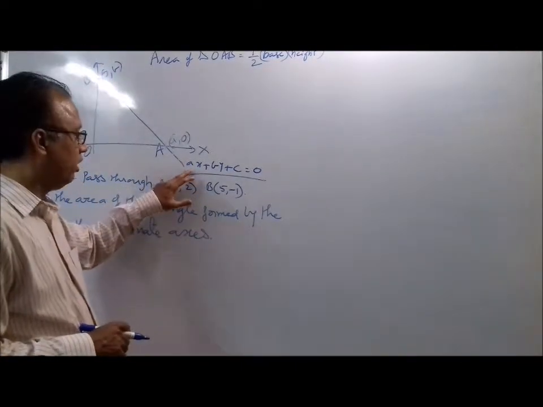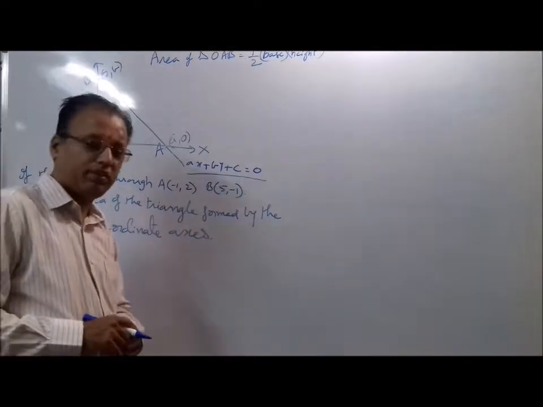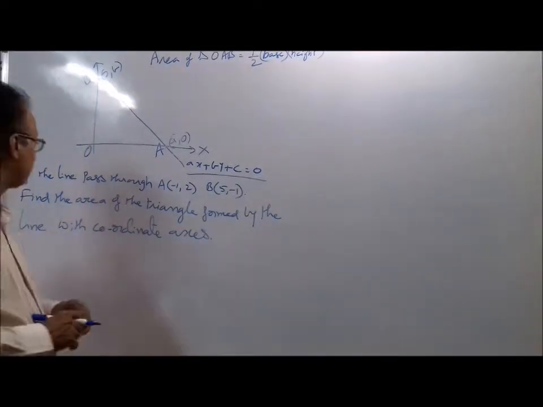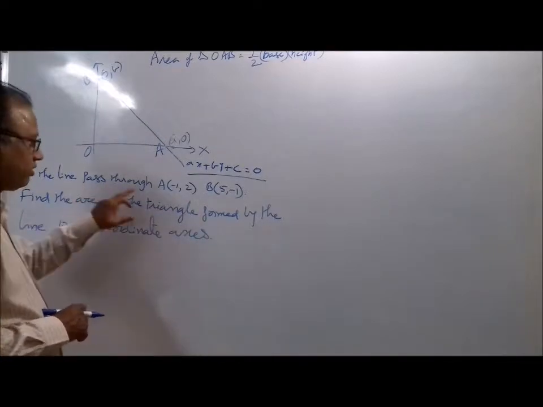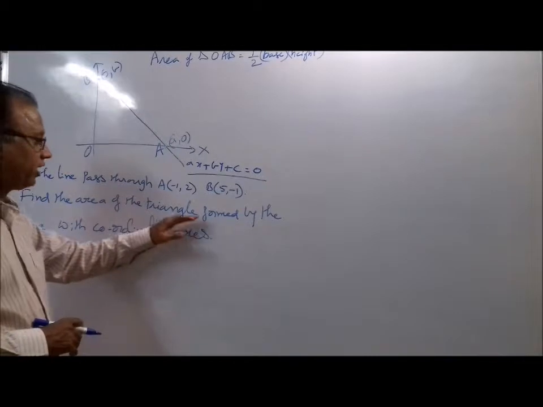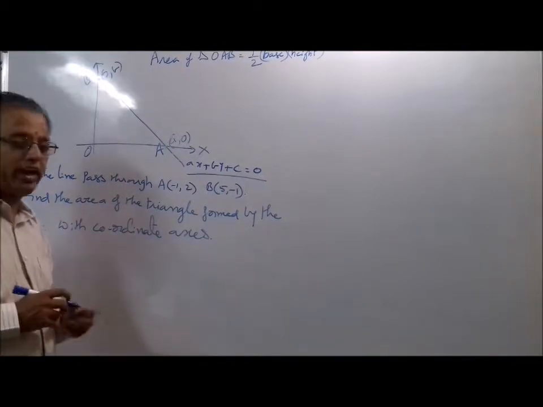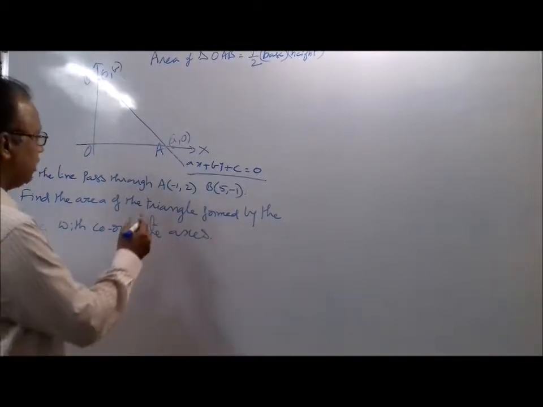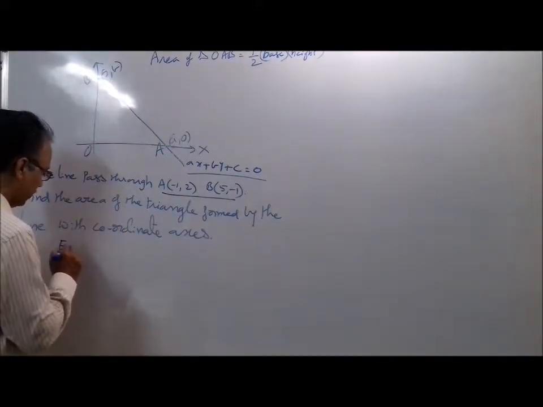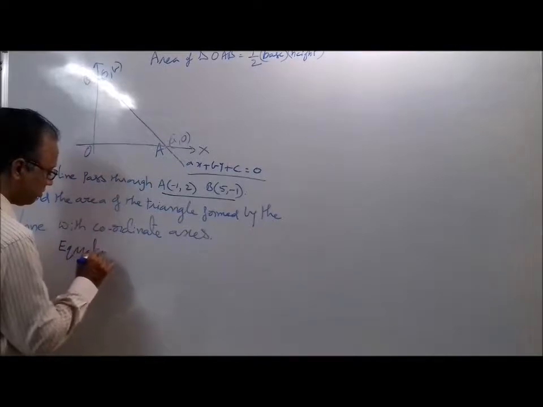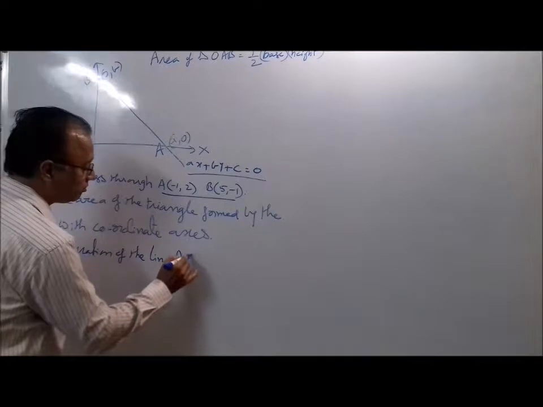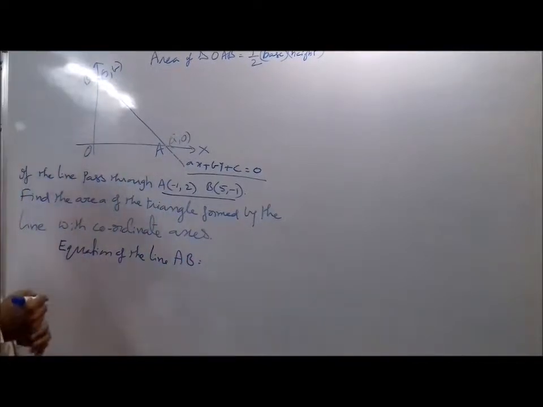Here you see, this is the general form ax plus by plus c equal to 0. In this problem, the line passes through A and B, two points are given. Find the area of the triangle formed by the line with the coordinate axis. Suppose you have to find the equation of the line AB. Two-point formula we can use.